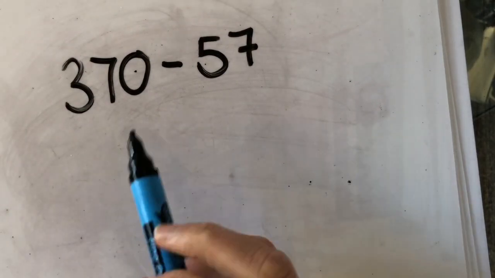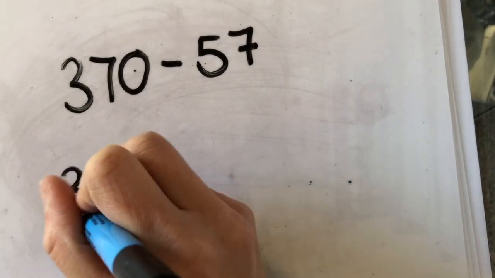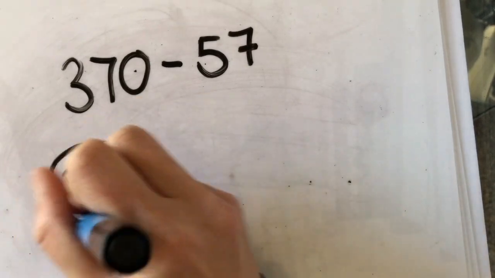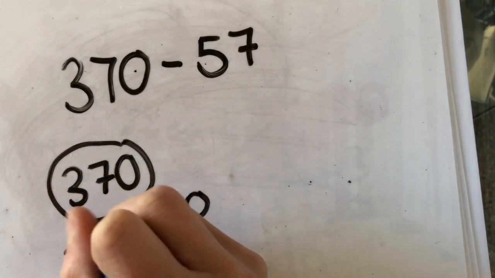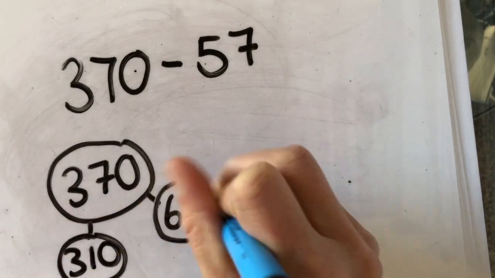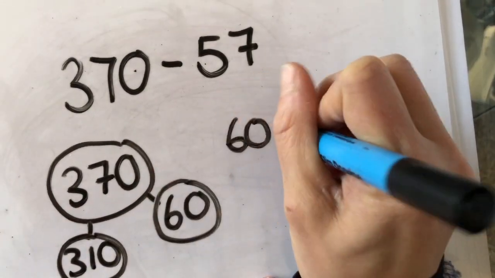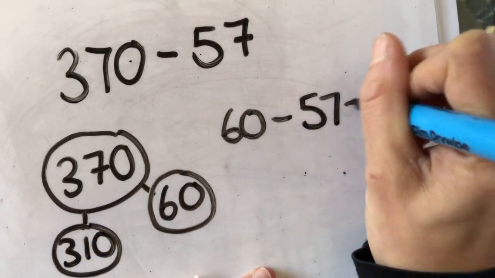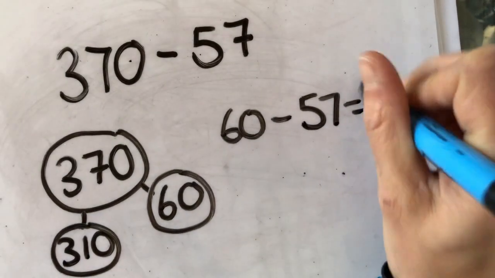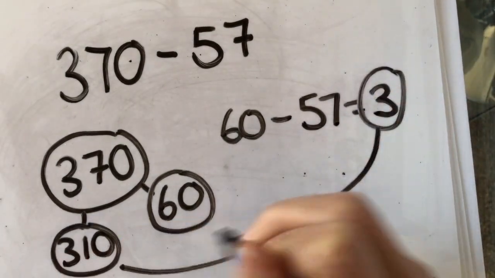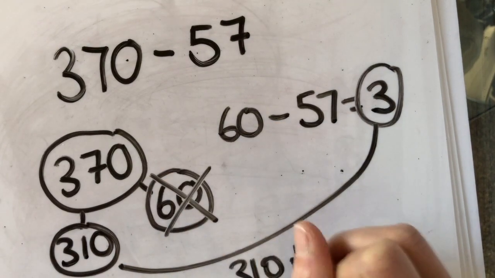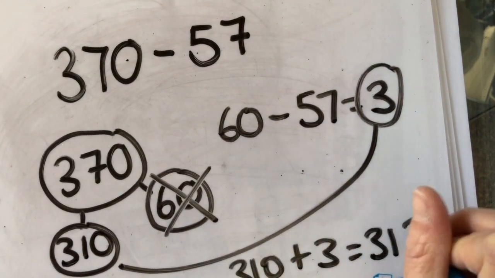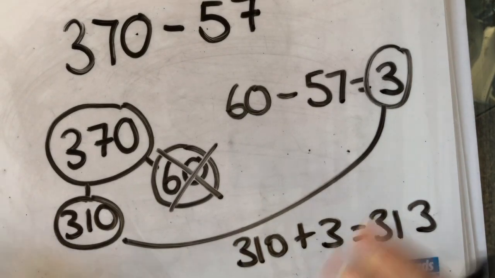So actually, I'm still going to choose to regroup my 370 into a 60 and into 310. By regrouping that into a 60, I can do 60 take away 57, which gives me 3, and then I can add that, so 310 plus 3 gives me 313.